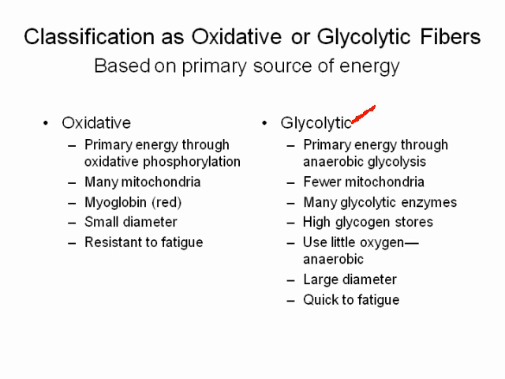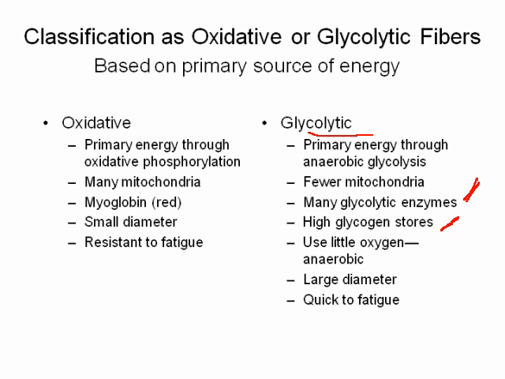Glycolytic fibers, the primary energy is through anaerobic glycolysis. They have fewer mitochondria. Of course, the mitochondria are part of oxidative phosphorylation. So if you have fewer mitochondria, you wouldn't expect a cell to be involved in oxidative phosphorylation. Conversely, they have many glycolytic enzymes. They have a lot of molecules of enzymes that engage in glycolysis.